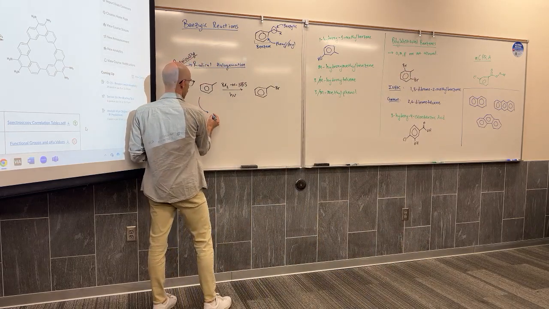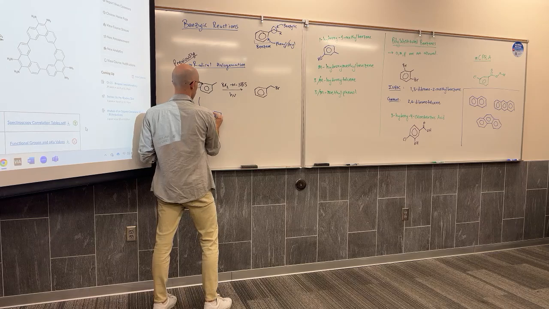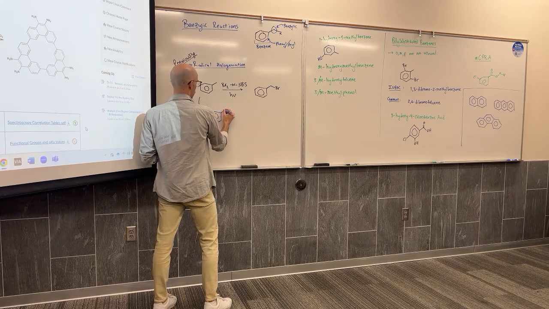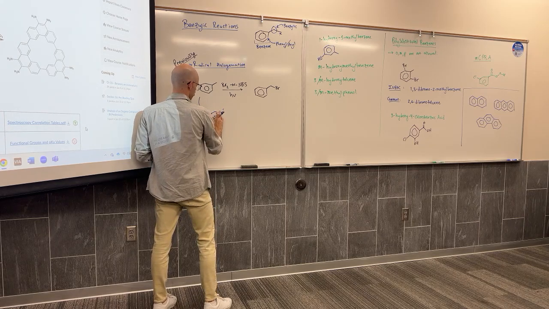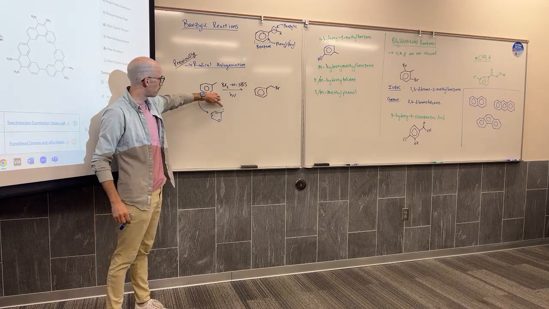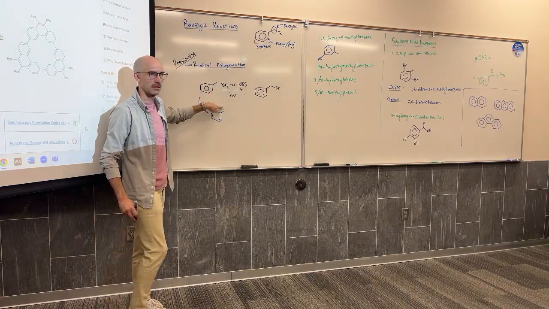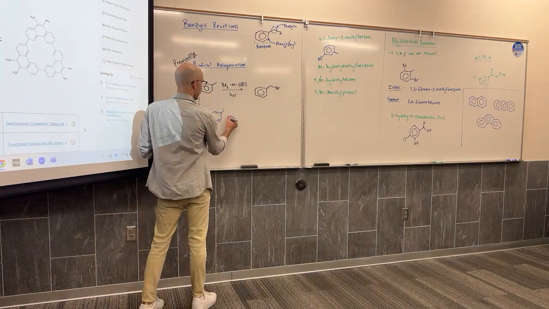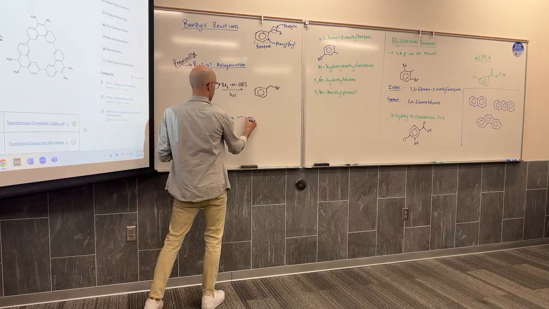Now, I'm not going to take us through the mechanism because this isn't a mechanism that we're going to need to know how to use or that we'll need to show, but I do want to show you the intermediate. Here's this benzylic radical. And this benzylic radical is in resonance.